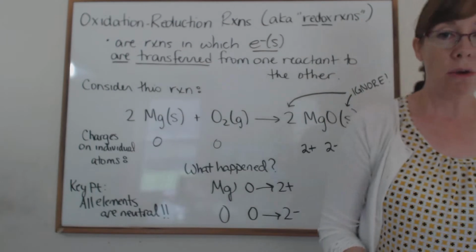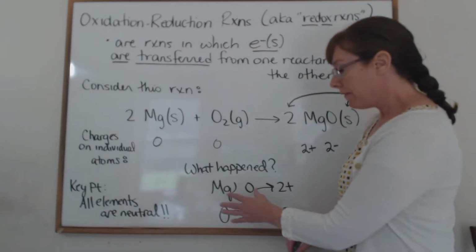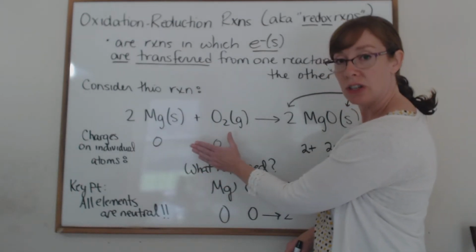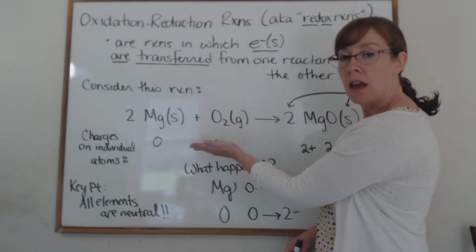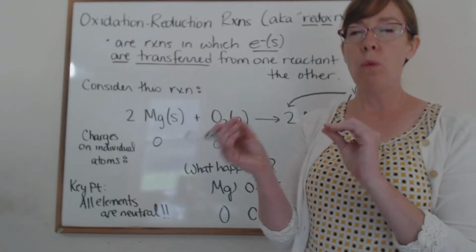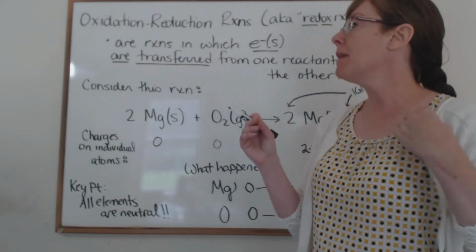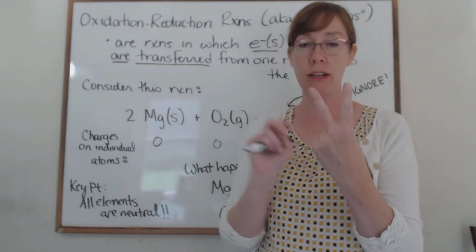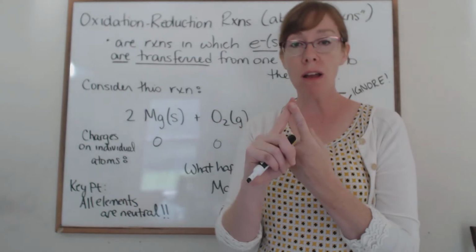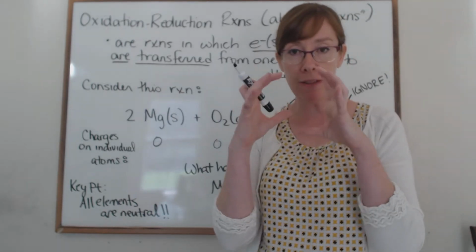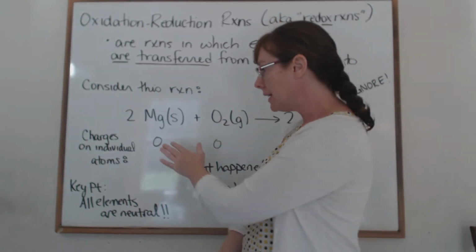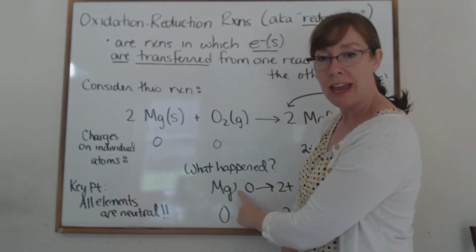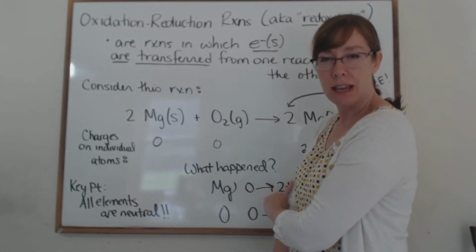Okay, so if the charges changed on the reactants, there was only one way that could have happened. Remember, the only charged particles in atoms are protons and electrons. The protons never change. They're safely inside of the atom. So magnesium could never have gained protons to get positive.